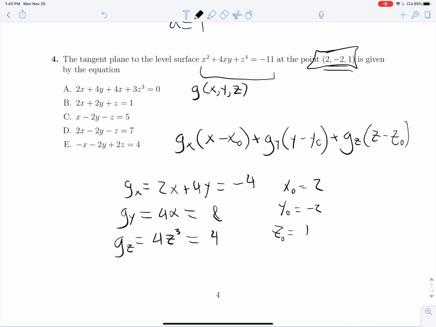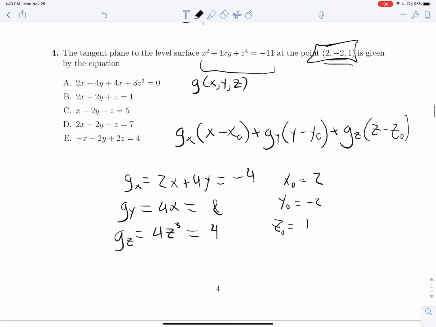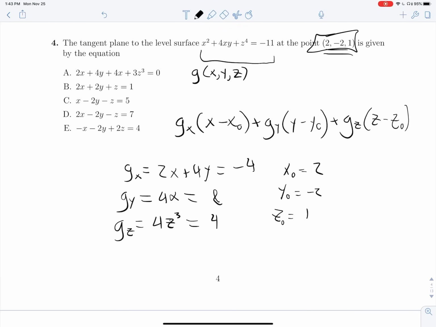So at this point, we should be able to set everything up with our equation and get a real answer. So gx is going to be negative 4 times x minus x naught, which is minus 2, plus 8, which is gy, times y minus negative 2, so plus 2, and then gz, which is going to be plus 4, times z minus 1.